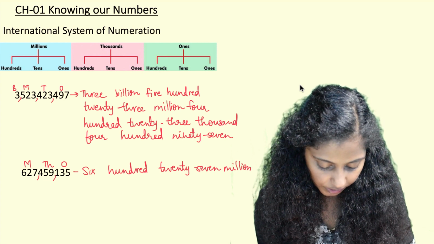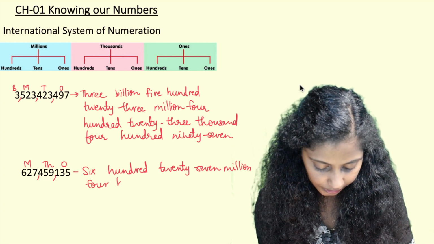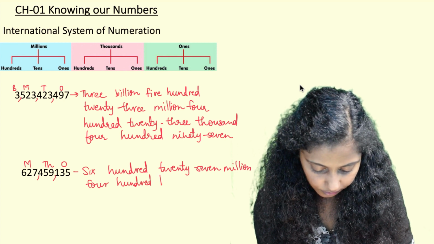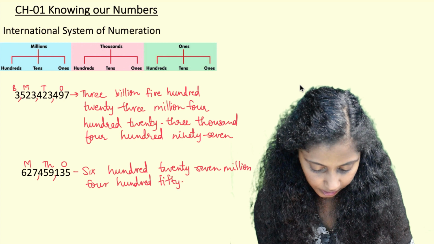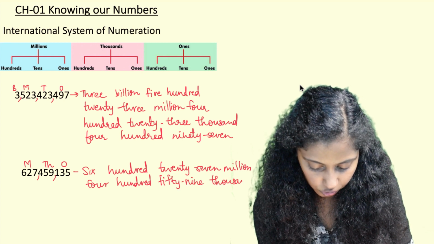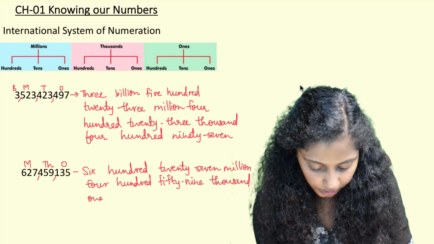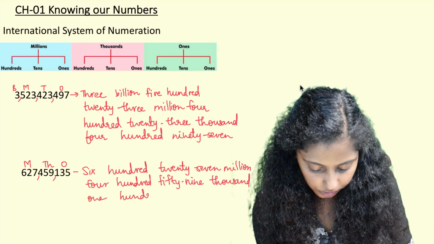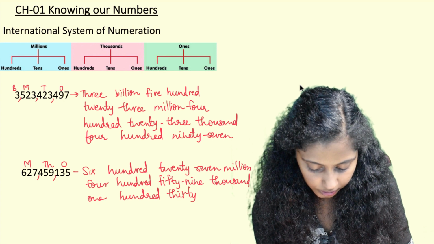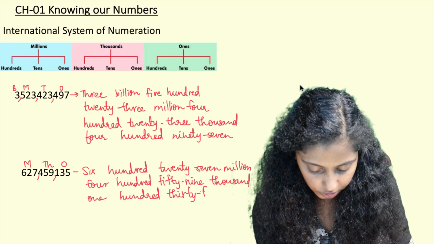In thousands we have 459 thousands, where everything is hundreds, tens, ones: 459,000. And then we have the last group, the ones group, 135. So this is how we write the numbers in the International System of Numeration.